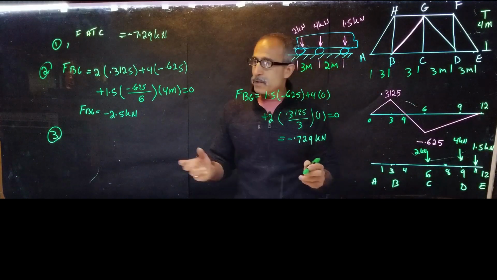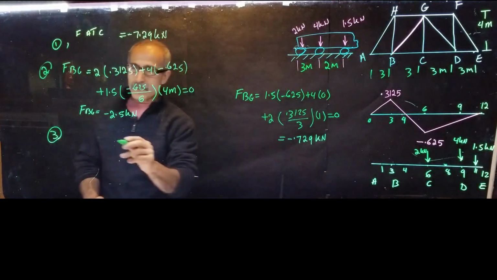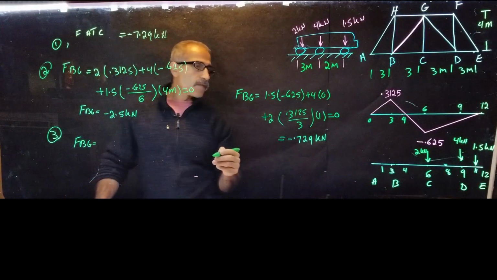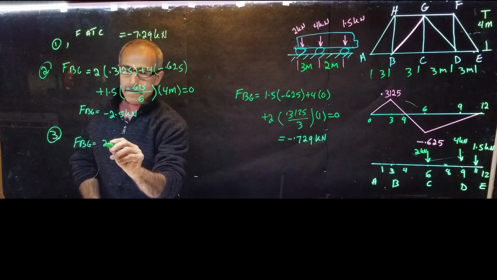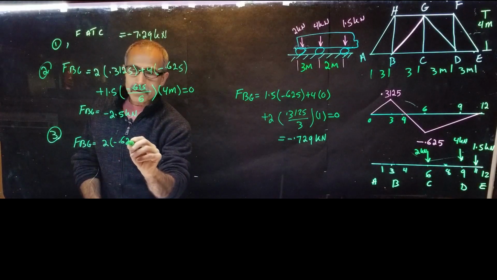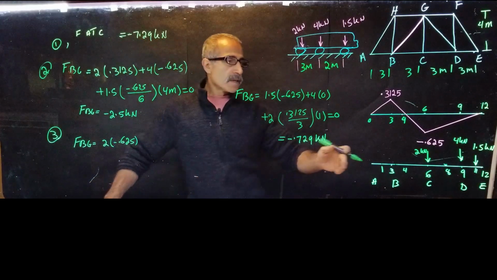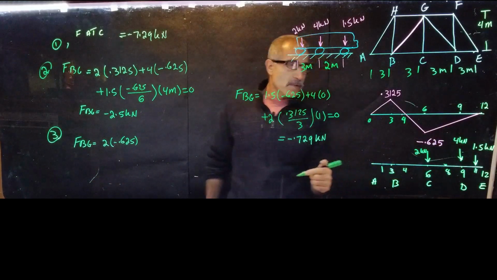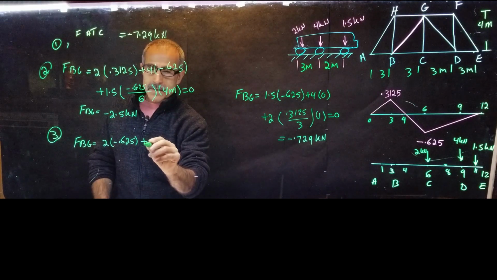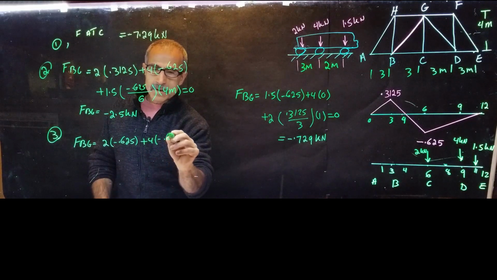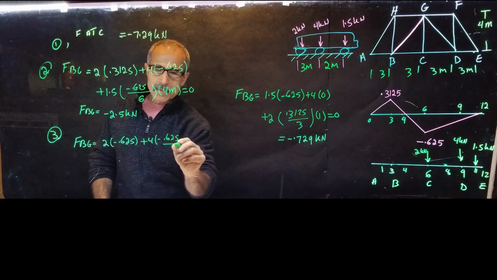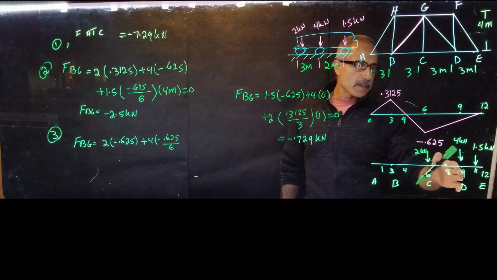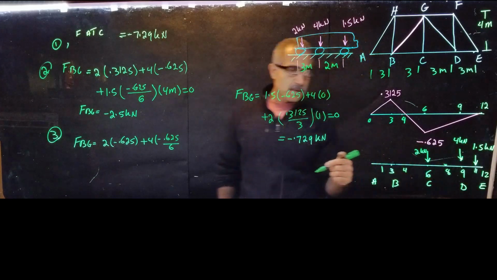Now we can do the same thing. F_BG is equal, starting from the left, to 2 times minus 0.625, because it's right on the point. And the 4 is over on a slope, so it's plus 4 times minus 0.625 divided by 6, times 3, since it's 3 meters away from the end.